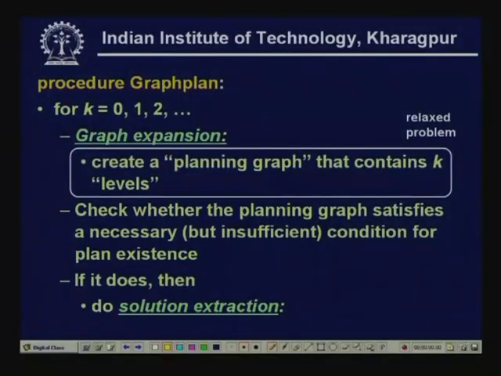Now, once we have created the planning graph up to k levels, we check whether the planning graph satisfies a necessary condition for plan existence. So, we will see what these necessary conditions are. Once we have the graph, we check first by looking at the last level of the plan whether this plan would satisfy a necessary condition for the final plan.